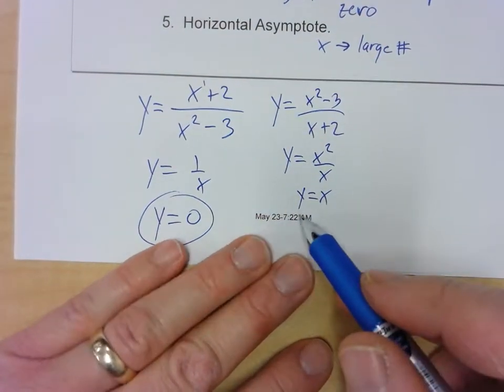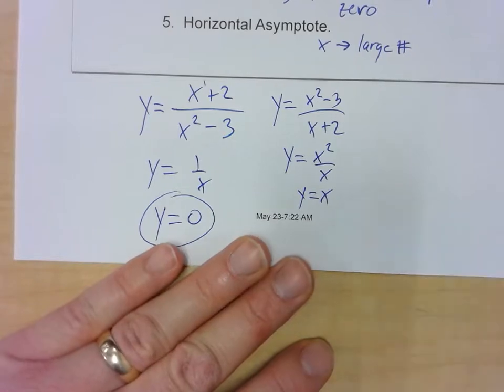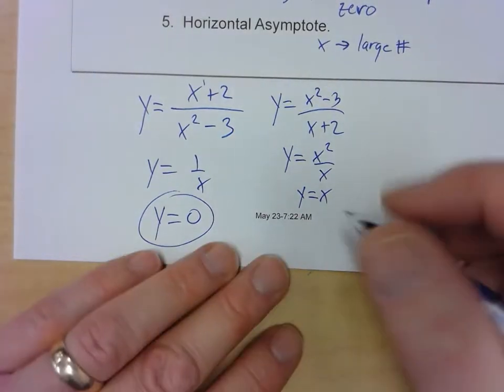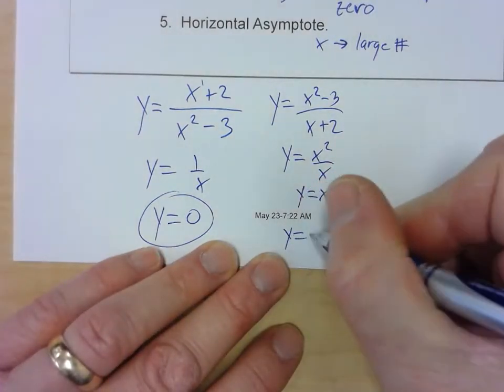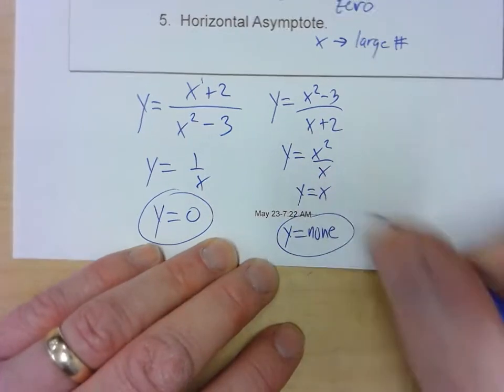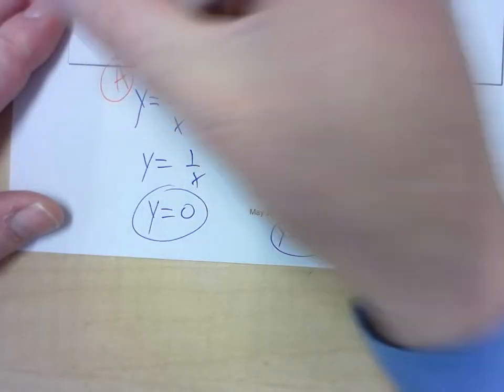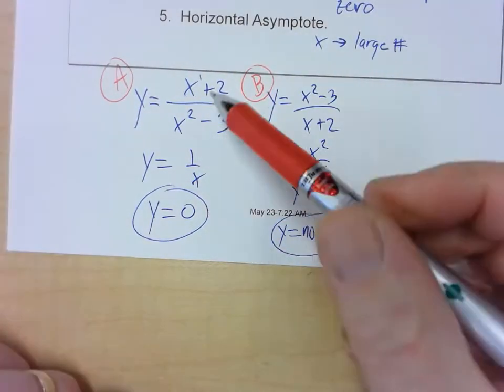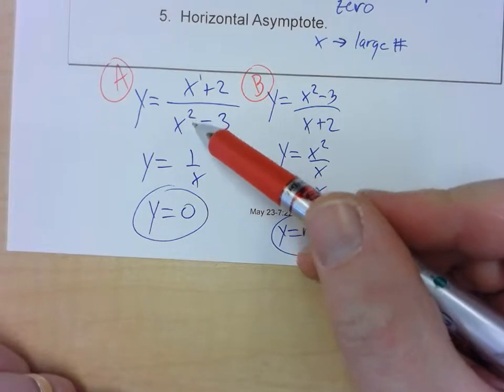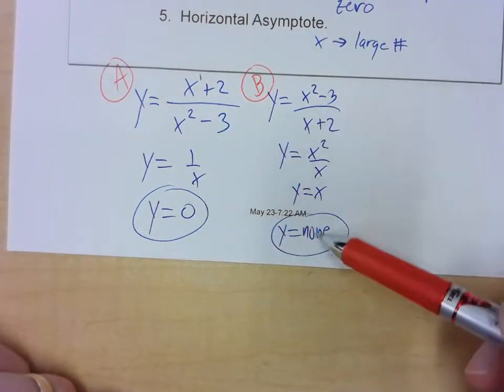So my function just keeps growing and growing and growing. It never really settles and stops. So y would be none, as in there aren't any horizontal asymptotes. So there's 3 situations here. There's A situation, B situation. Smaller over larger is always 0, larger over smaller is always none.